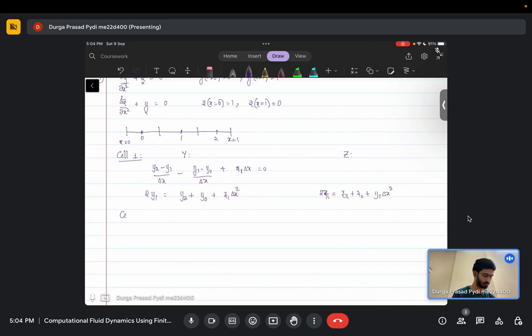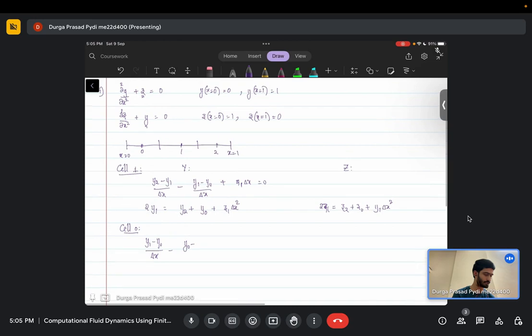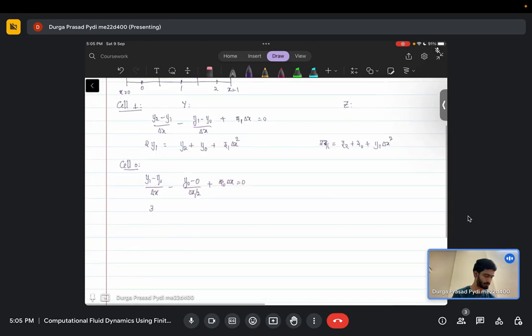Now for cell 0, we have (y1 minus y0) by delta x minus, for the left hand cell, (y0 minus the boundary condition at x equal to 0, which is 0) by delta x by 2, since it's just a half cell, plus z0 times delta x equals 0. So this gives us 3 times y0 equals y1, and then z0 times delta x square.